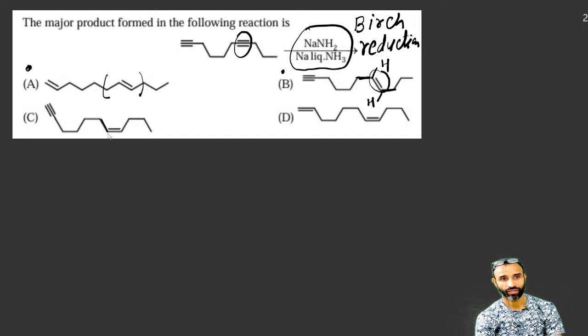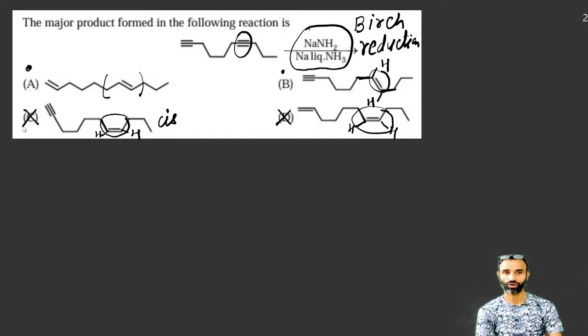Here we have cis alkene. Again we have cis. That means C and D are not the right answers. Okay, so we are left with 2 options.